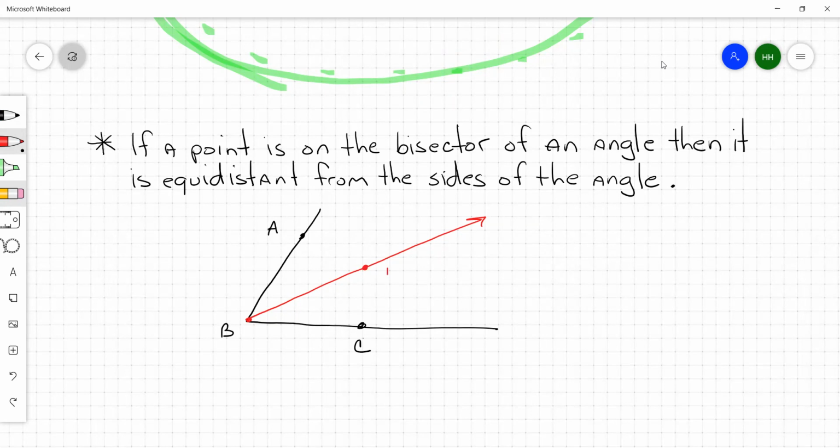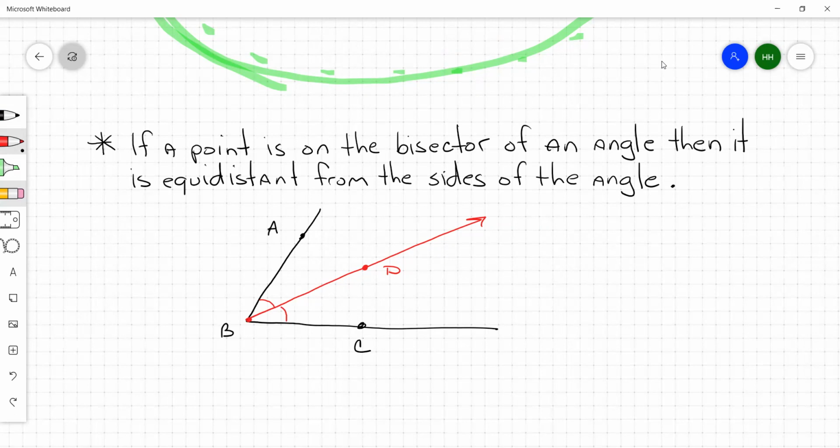I'm going to put point D on it. So if angle ABD is congruent to angle DBC, then ray BD is an angle bisector, isn't it? It divides the angle into two equal pieces, or into two congruent angles.